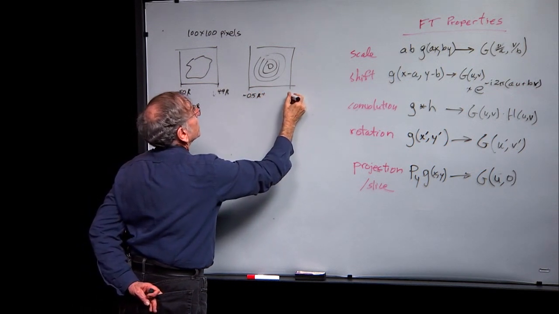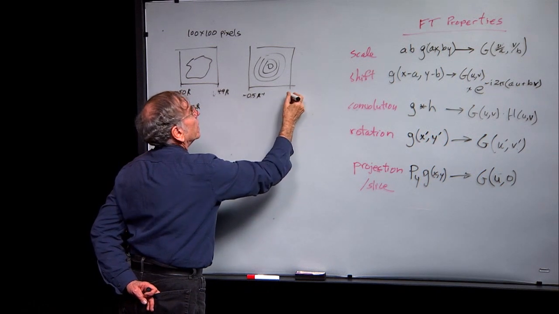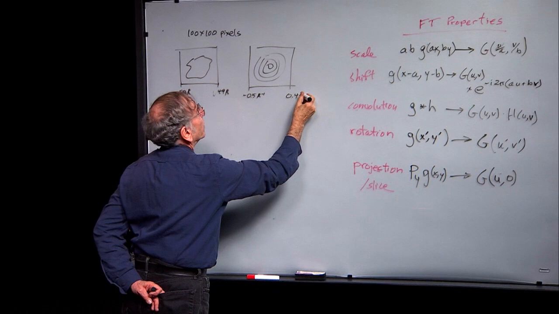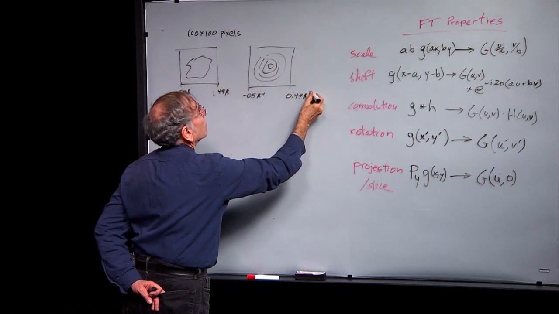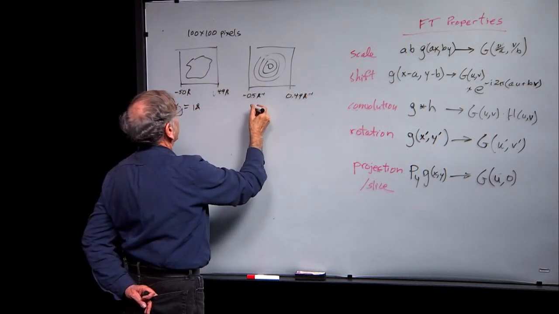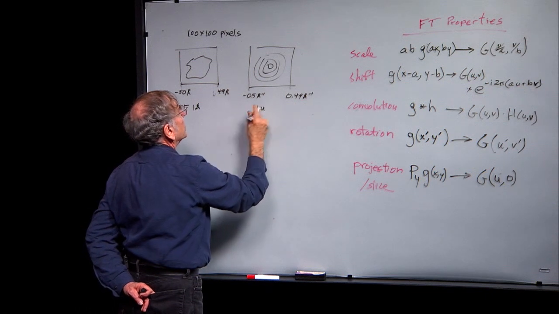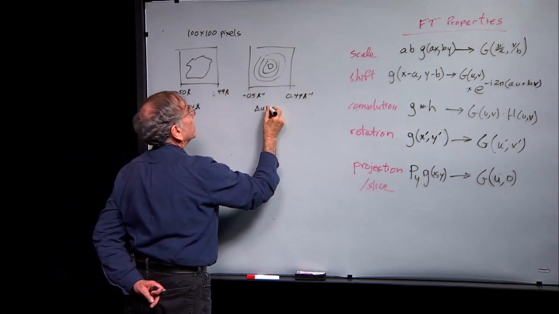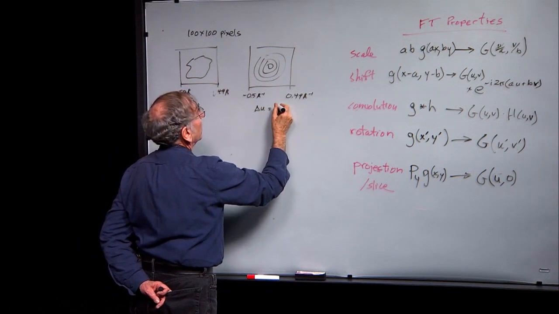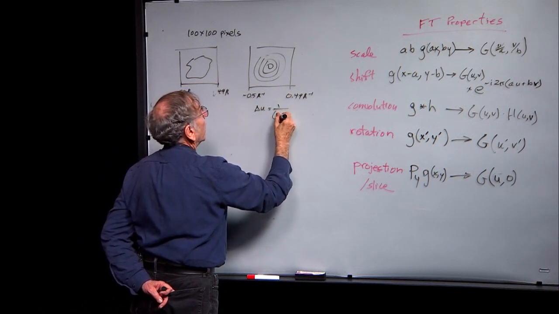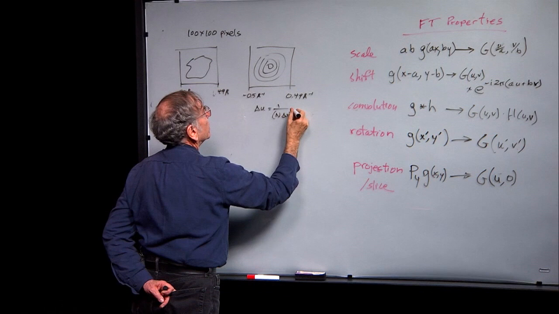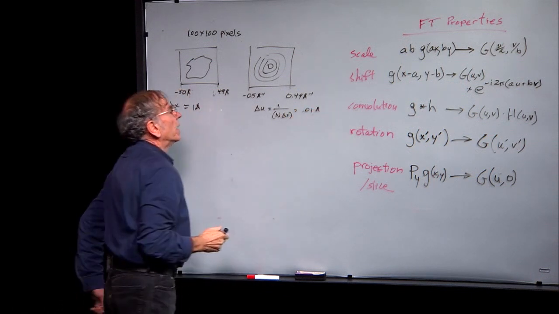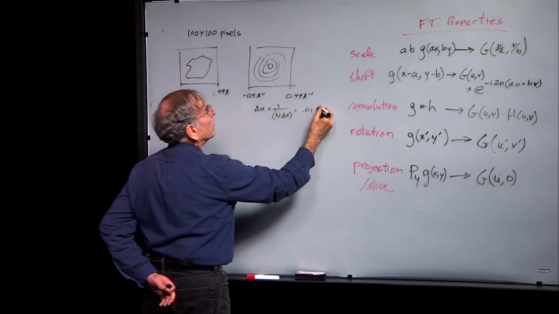And this is plus the Nyquist frequency minus a little bit, so this is actually 0.49 inverse angstroms. And the spacing on the frequency axis is going to be 1 over n times delta x. So in our case, it's going to be 0.01 inverse angstroms.